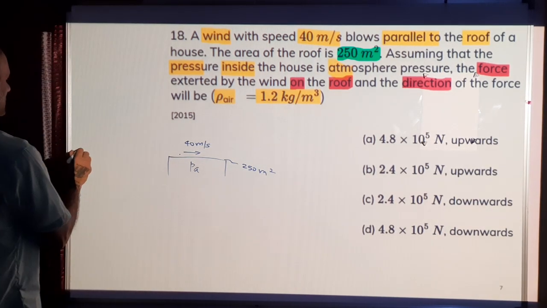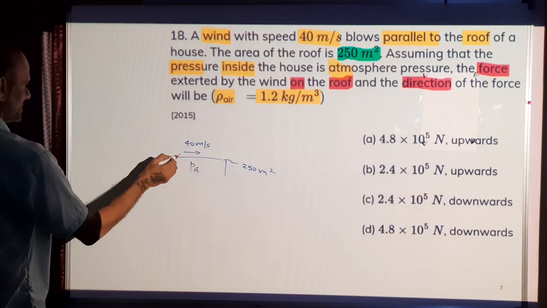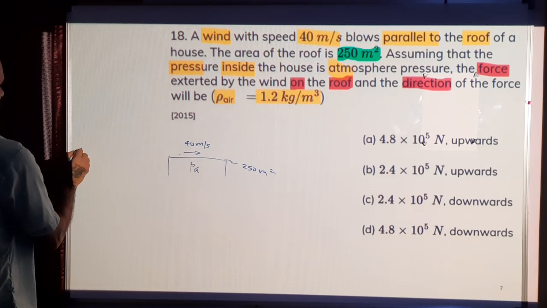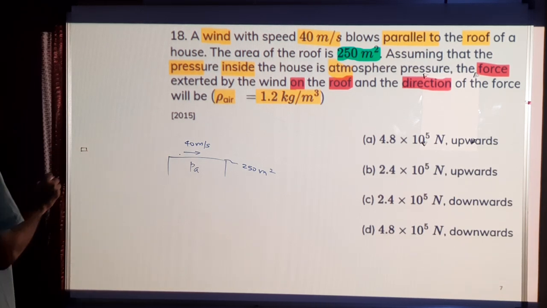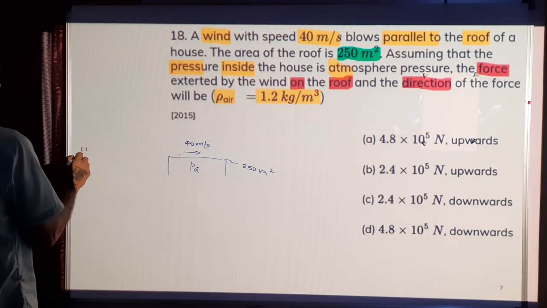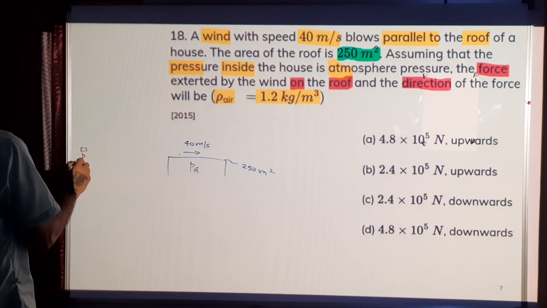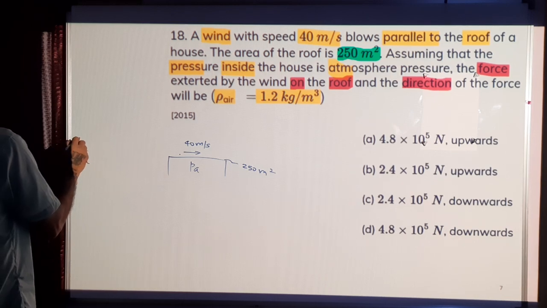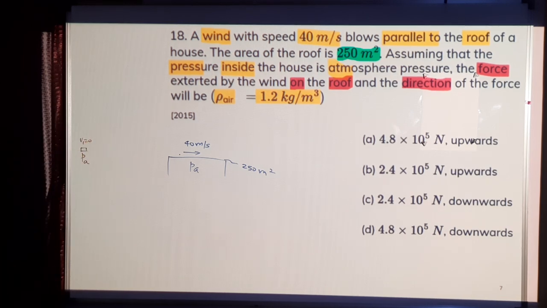So this air is coming from here at the same height. Far away it will be at rest, and let the pressure be P, which will be the same as atmospheric pressure, and the velocity will be 0.